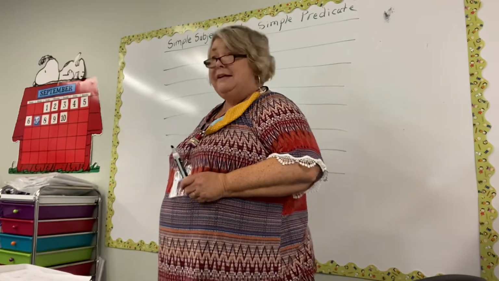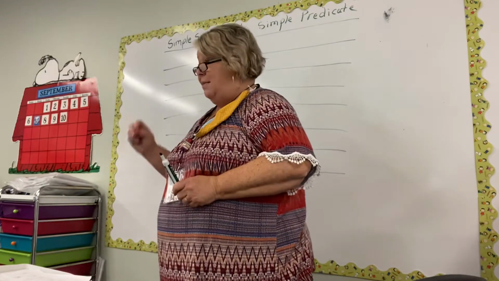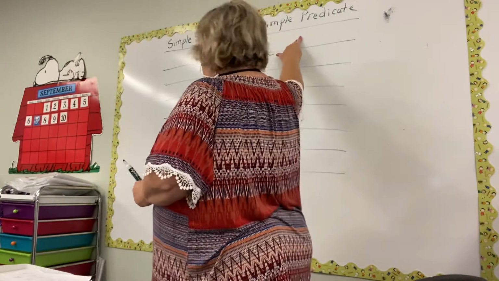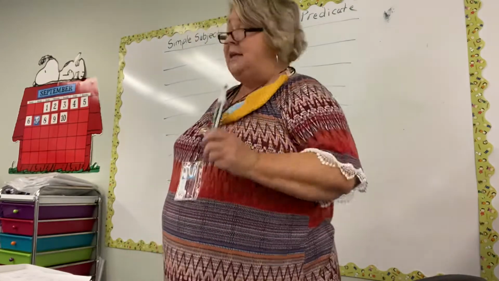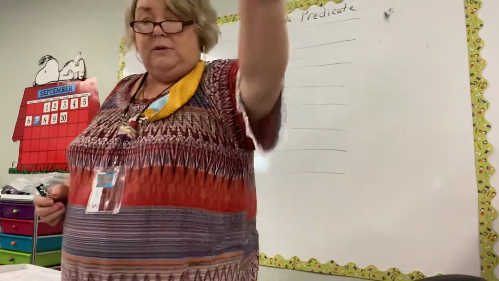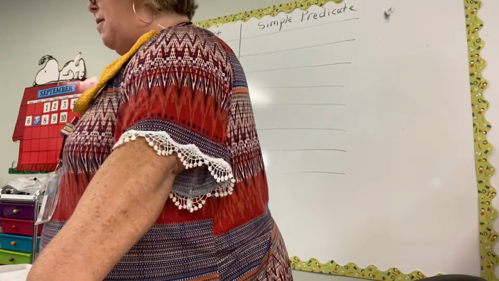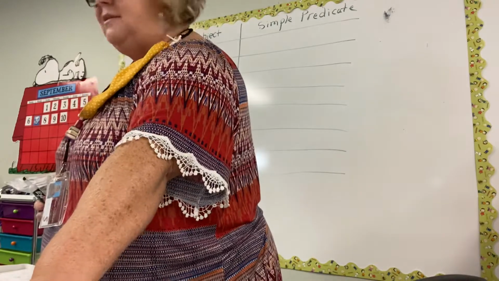So we're going to identify the subject, the main word in the subject, and then the verb in each sentence. At the top of your page, in the yellow box, everybody knows what we do. We take our finger and we touch that yellow box so that we all know we're on the same page, at the same spot together. Hassan, touch your page with us. Thank you, buddy. All right.